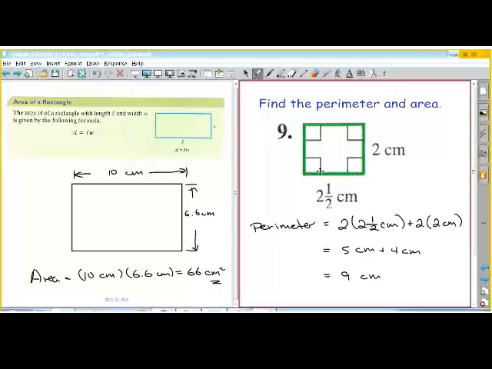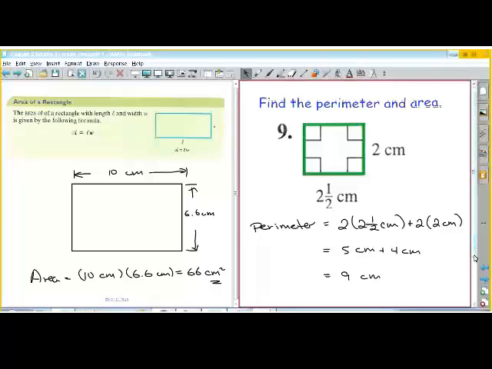If we were to drive around the edge of this, if we had a little speedometer or an odometer, and we drove around the edges, we would have a total of 9 centimeters. 2.5 plus 2 is 4.5. 4.5 plus 2.5 is 7. 7 plus 2 is 9. So that's what that is.